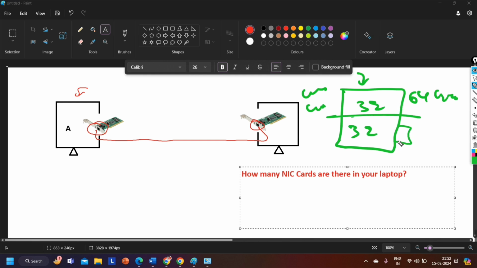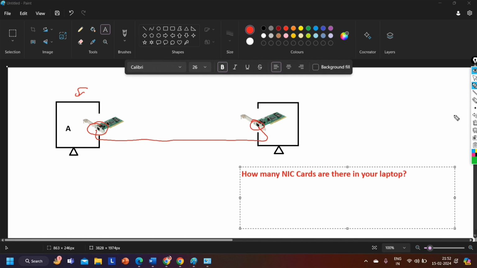Let's say you have one physical NIC card. You divide that physical NIC card into two parts, so you are actually dividing your NIC into two parts virtually. Getting my point? This is virtualization, like running multiple operating systems, multiple features, multiple services on a single hardware.